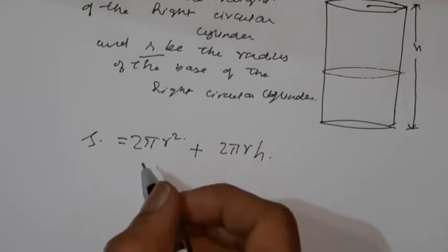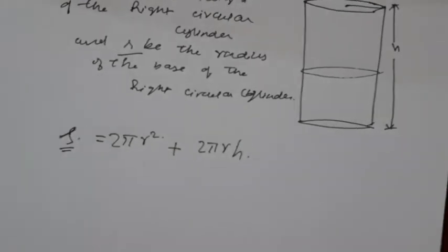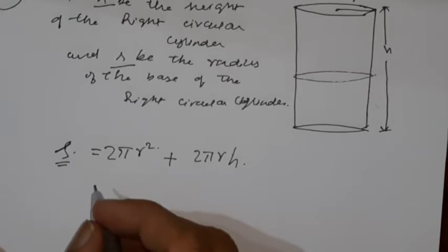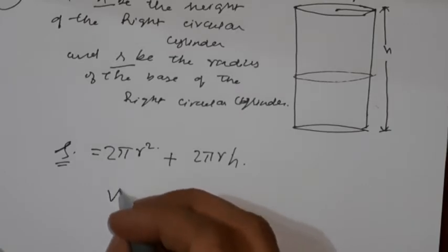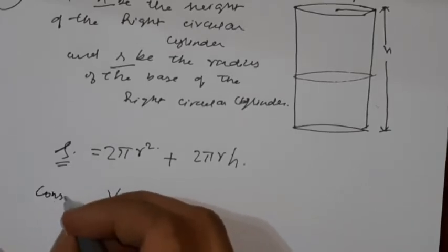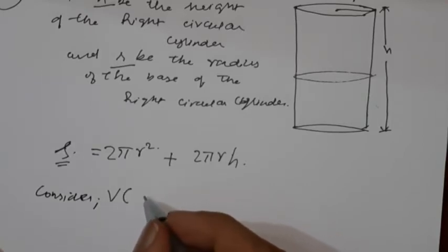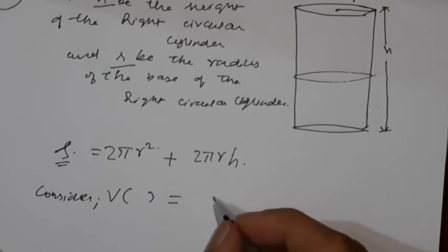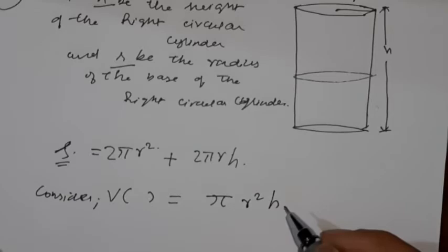Now this surface area is given to you, so this S is a constant. So we have to consider the volume function. Consider V. The volume formula is pi r square h.